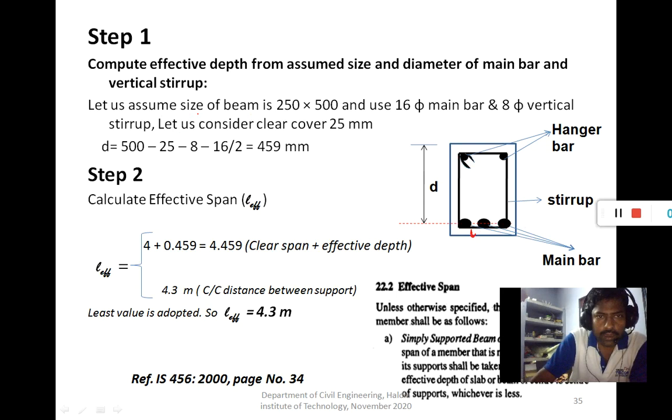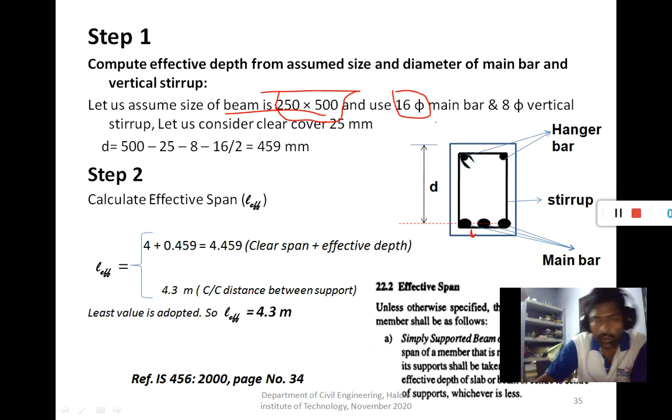Here the size of the beam we have assumed. Generally in beam design you assume a section of 250 into 500, and the diameter of the main bar we have considered 16.5.